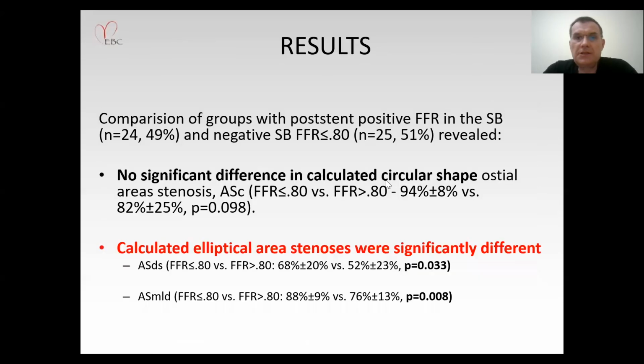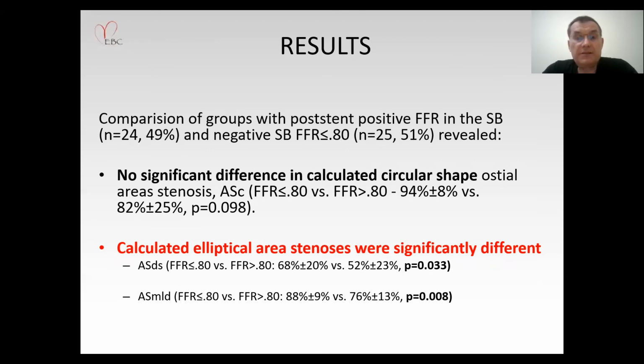When we made the correlations, there was practically no significant difference where the area stenosis was assumed as circular shape. There was no difference between FFR positive and FFR negative patients.